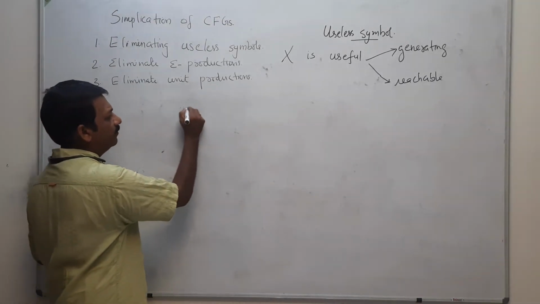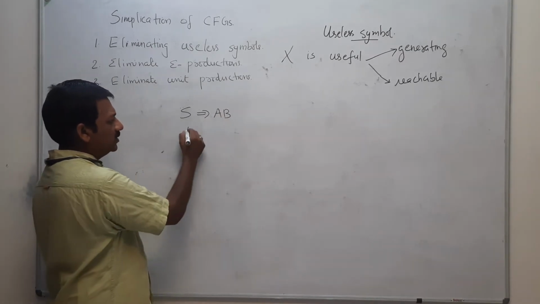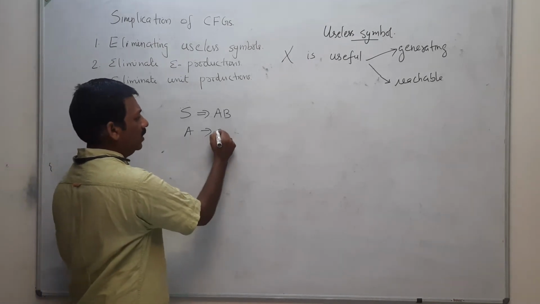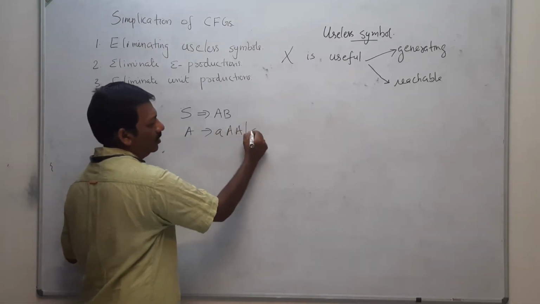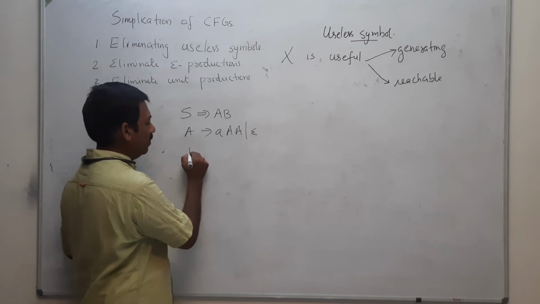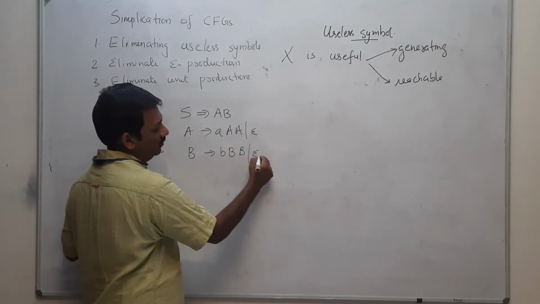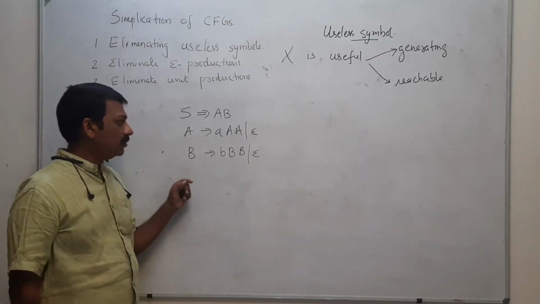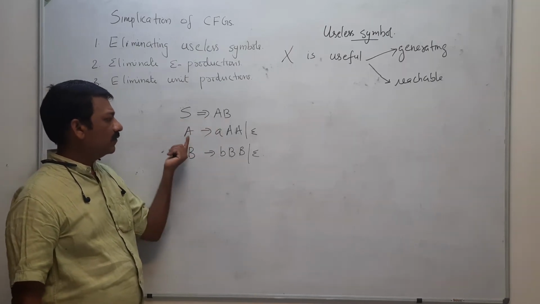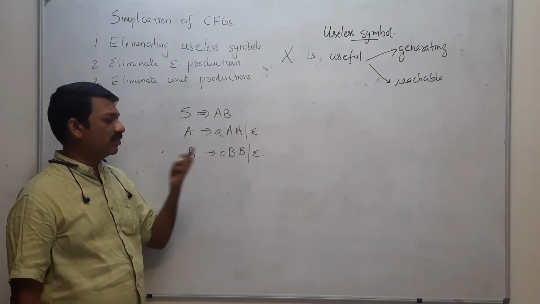I will show you another example. S derives AB, A derives A or epsilon, and B derives BBB or epsilon. See, this is S derives AB, A derives A or epsilon, and B derives BBB or epsilon.